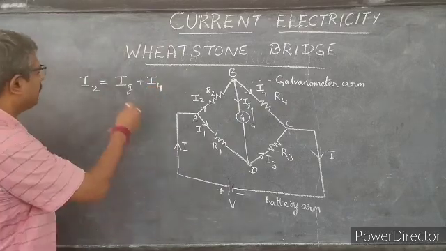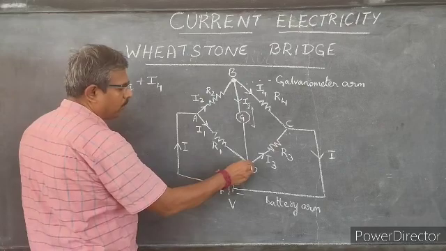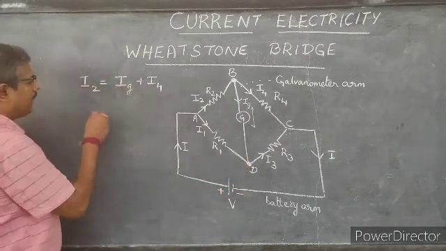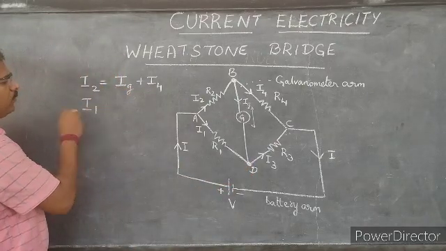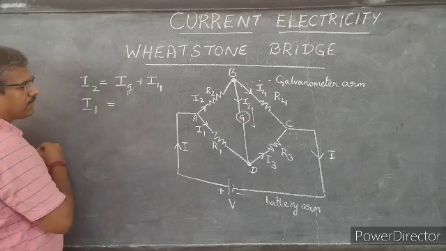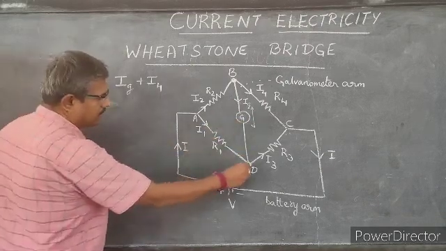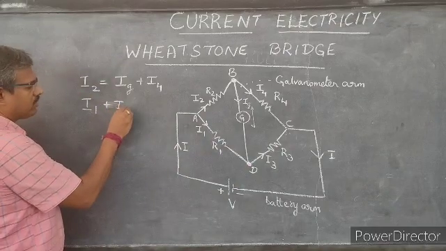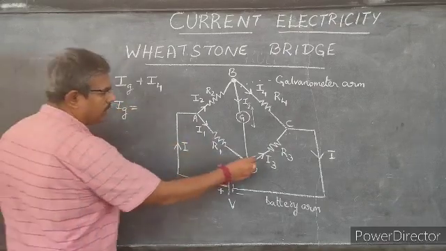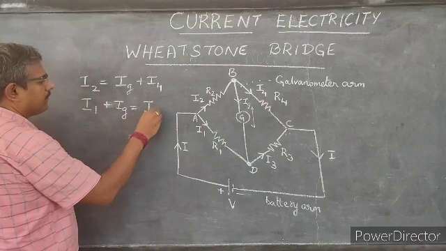Similarly, if I apply the same junction law to point D, I will also get I1 plus Ig, which is also flowing in, to be equal to I3.